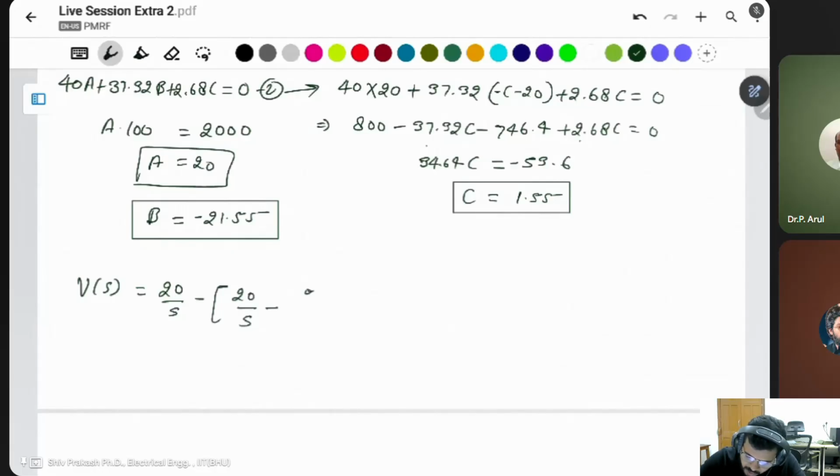B is 21.55 minus 25.55. That's why this will be S plus 2.68. C is 1.55, then plus 1.55 divided by S plus 37.32.